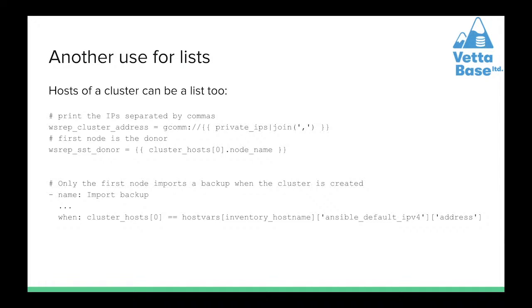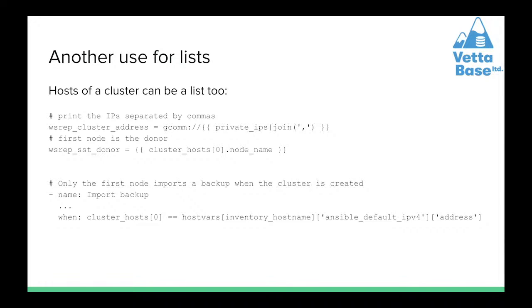And then the last block, well, basically we are deciding that only the first node of a cluster should import a backup when the cluster is created. So we have this task called import backup, and we have a special attribute called when.